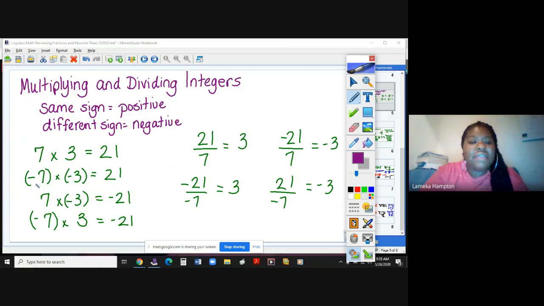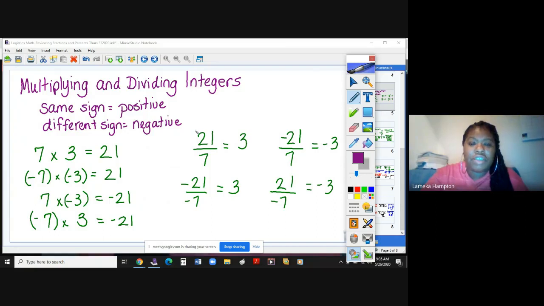I have a negative 7 multiplied by a negative 3. That still gives me a positive 21. 2 negatives multiplied together give me a positive. So these are my same signs. I have 2 positive numbers I'm multiplying together to give me 21. I have 2 negative numbers that I'm multiplying together, and it still gives me a positive 21.